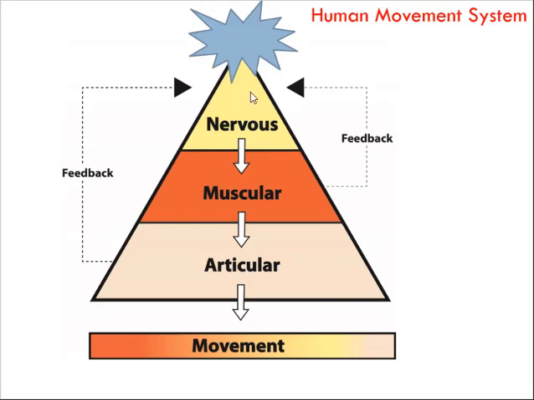The nervous system then takes that desire, that need, that drive, whatever it is, and codes it into an electrical digital signal that is sent down the line through the nerves to the muscular system. The muscles receive that signal. They do the only thing they know how to do, which is contract. They change their electrical signal into a mechanical force. That mechanical force is applied to the joint, and the joints then produce movement. So it's a very complex system, but simple in terms of this flow of command.